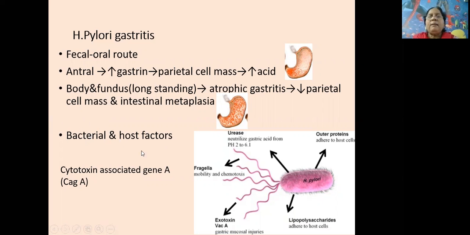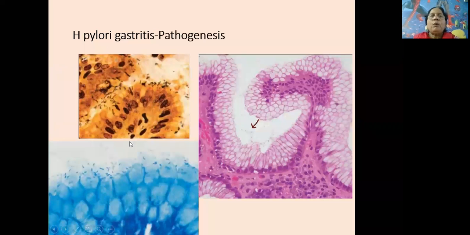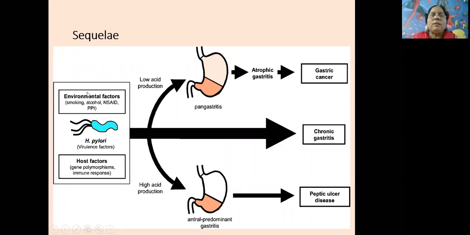So how does this progress? There are bacterial and host factors. This is the H. pylori. With H&E stain we can roughly see it like this, and with Giemsa stain the organisms are seen over the mucosa. And this is a silver stain, with which we can clearly see the organisms. What are the factors that determine the sequelae of the disease?